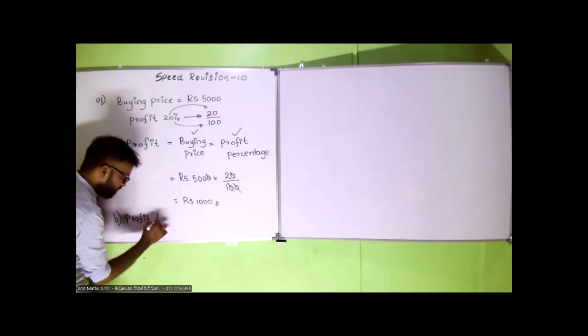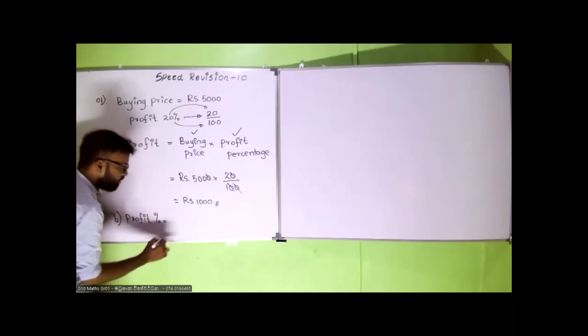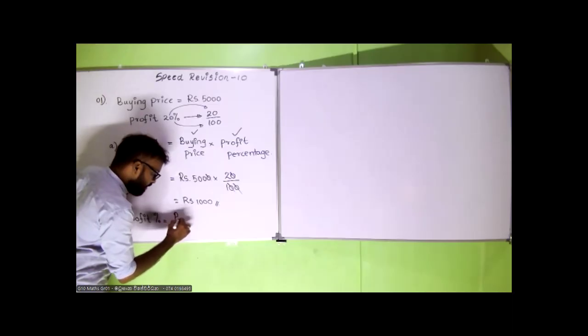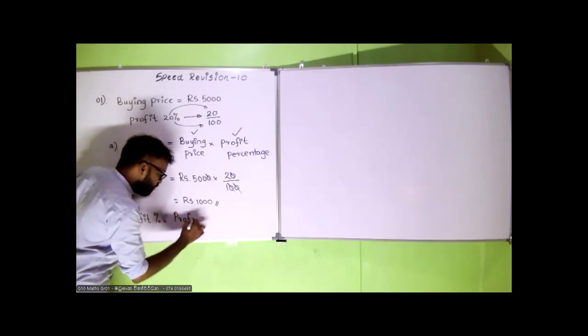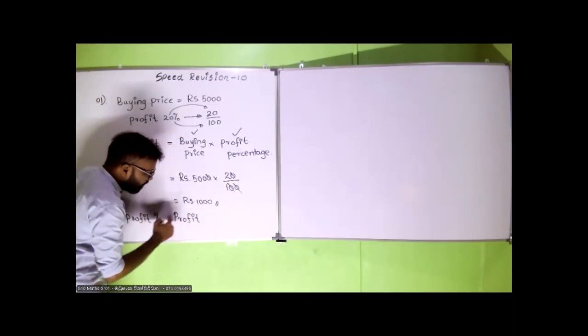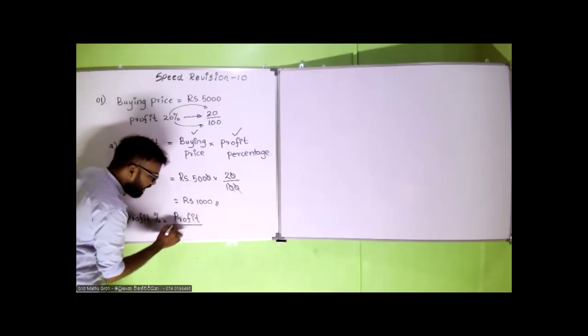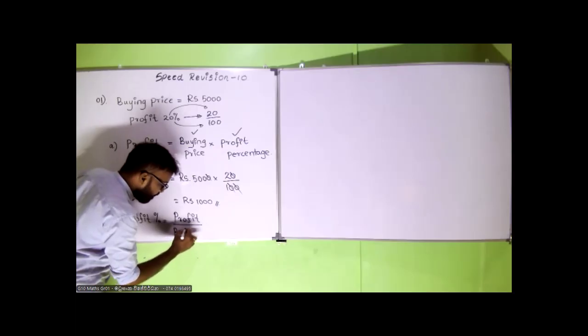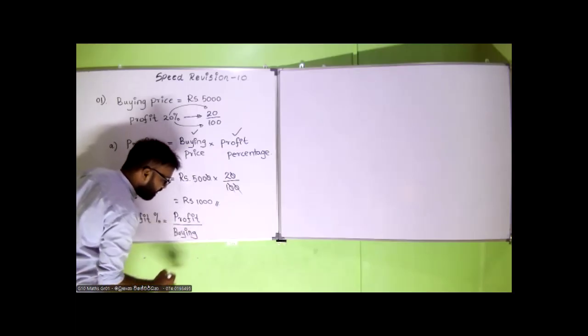Profit percentage: you can calculate it by finding the profit. And only two things you will be needing: profit, which you are going to compare with your buying price of the item.